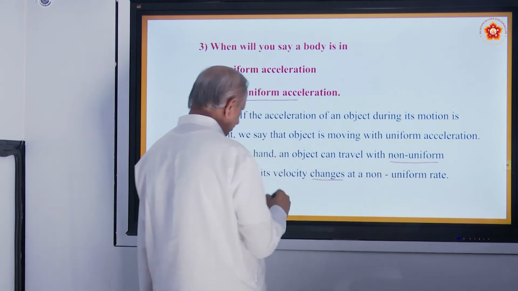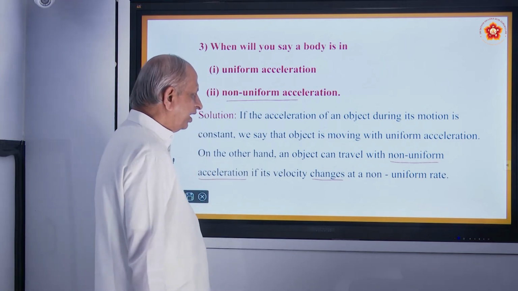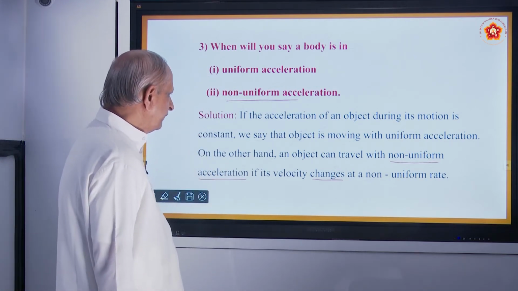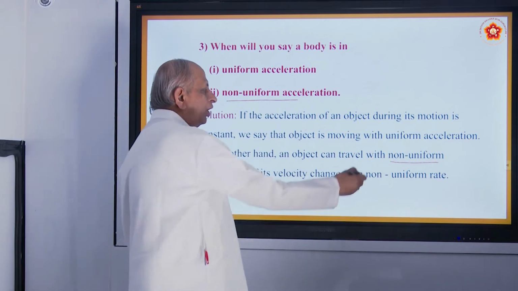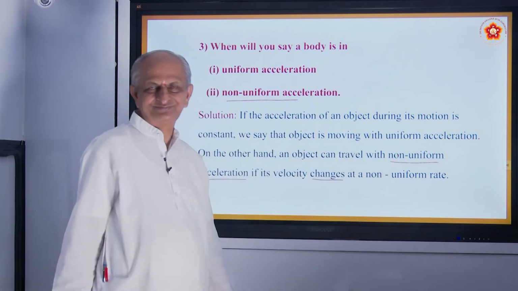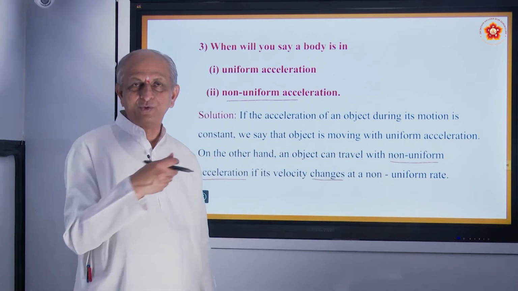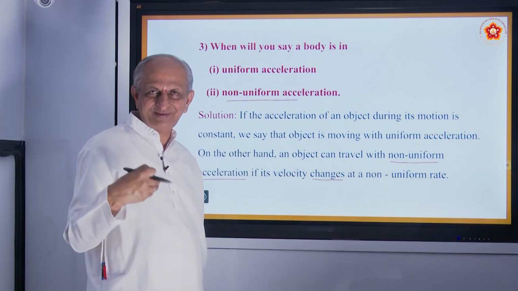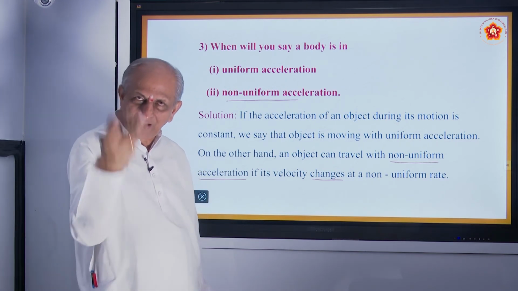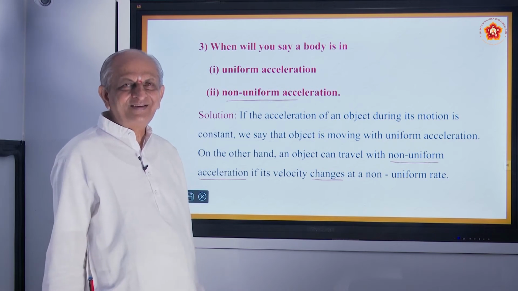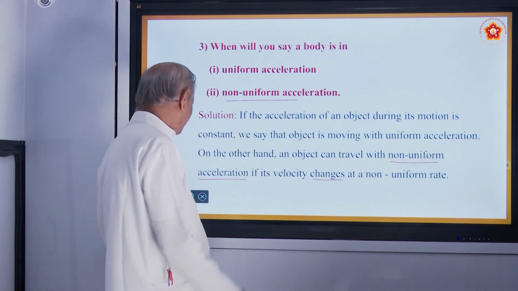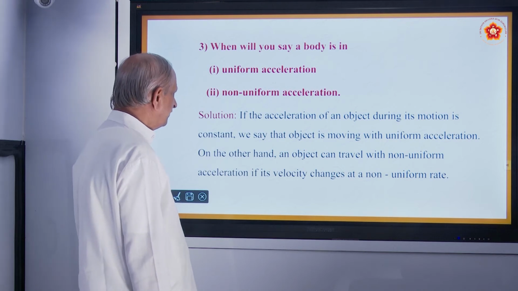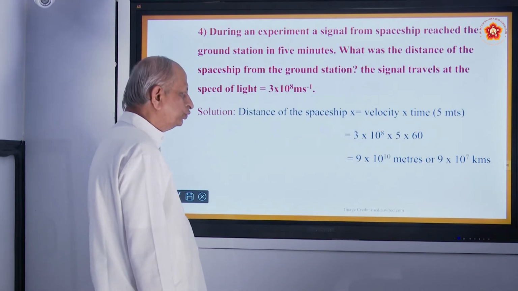Then you have non-uniform acceleration, or you can say the body is moving at a non-uniform rate. At one time it may go very fast, another time it may go a little slow, very slow. Sometimes you have to stop also, isn't it? So all this we see, and that is the third question of the home assignment given to you.